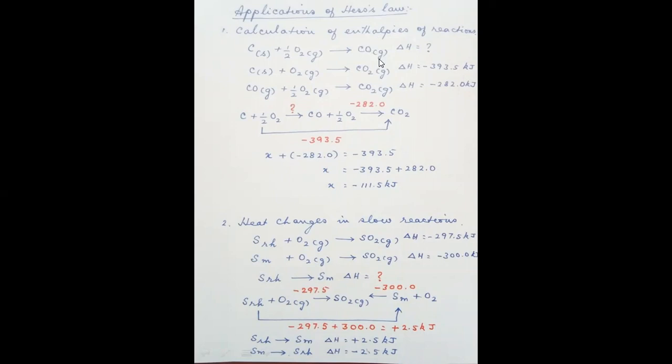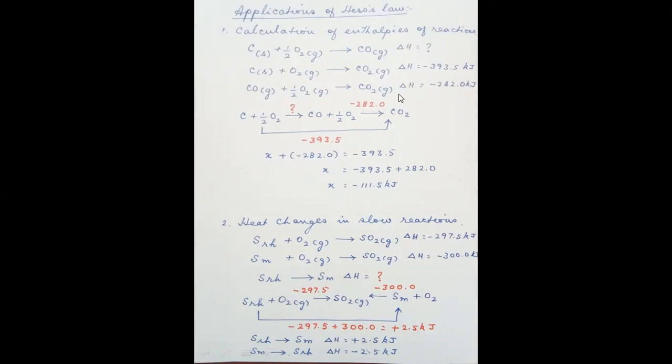But I can measure the enthalpy change accompanying the complete burning of carbon in oxygen to form carbon dioxide, and also the complete burning of carbon monoxide and oxygen to form carbon dioxide. These two enthalpies are measurable experimentally, but this enthalpy we cannot measure experimentally.